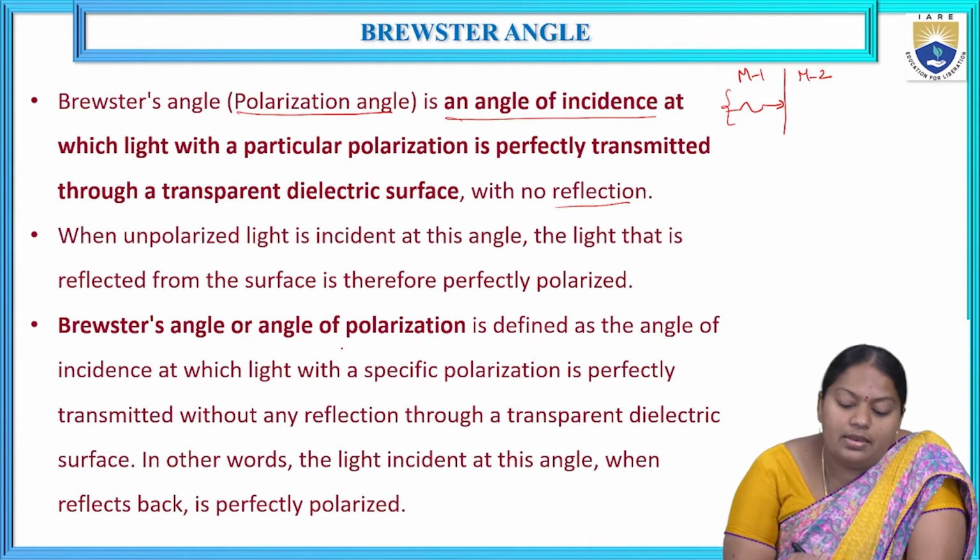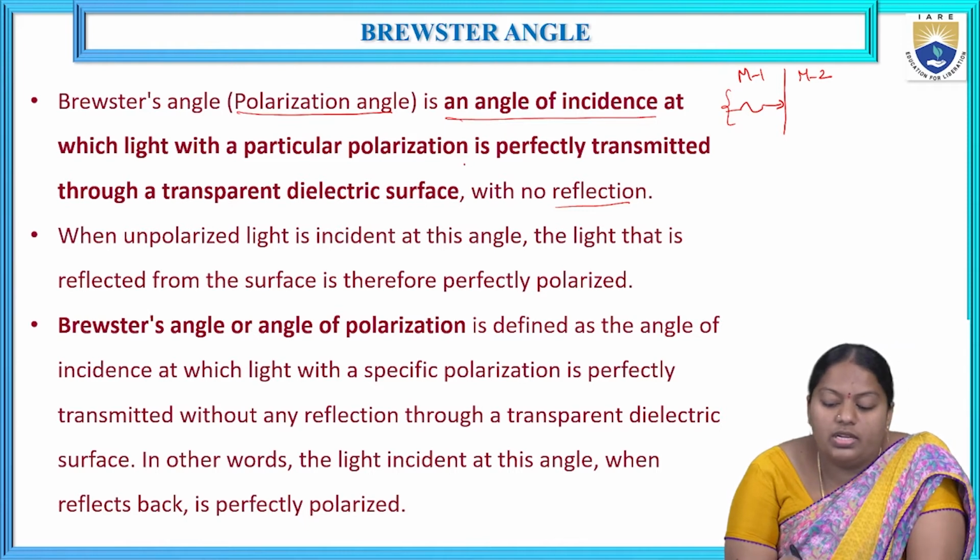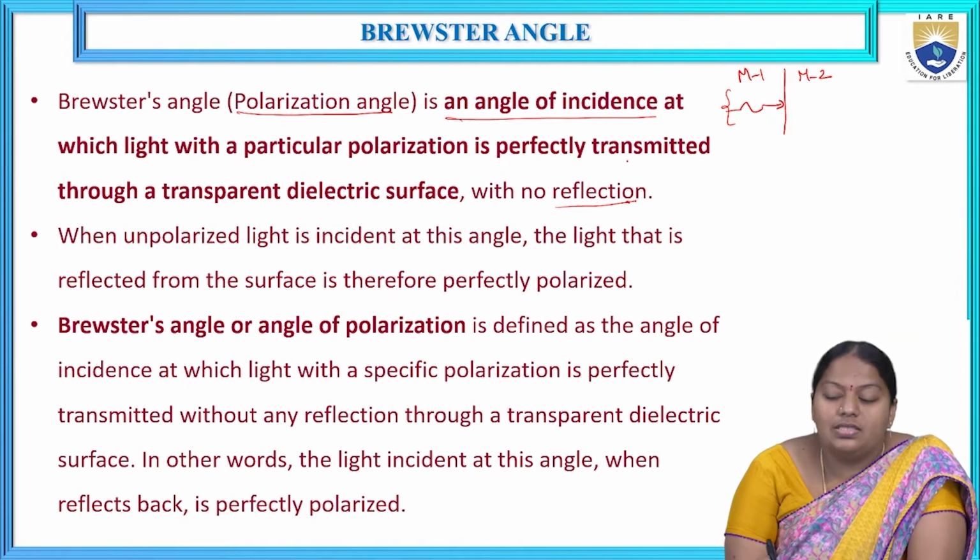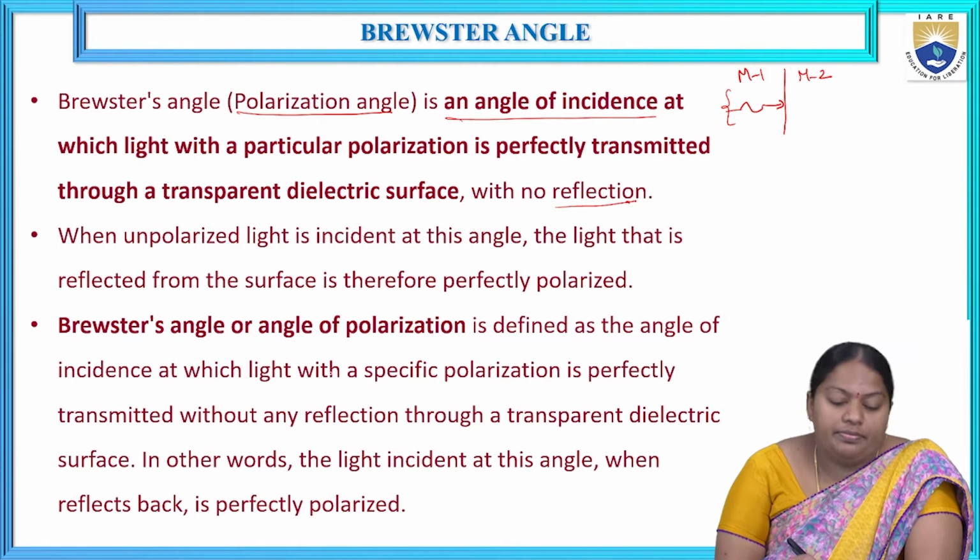It is the angle of incidence at which light with a particular polarization is perfectly transmitted through a transparent dielectric surface with no reflection, meaning the incident wave is completely transferred to medium 2 as the received wave.